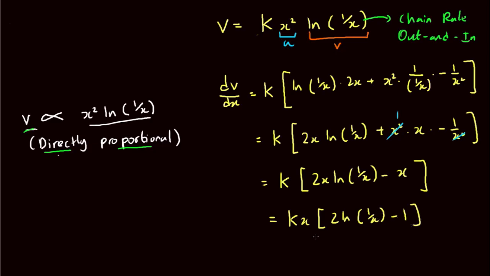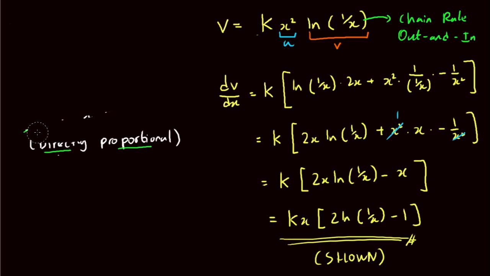So we've already managed to show the first part, so it's already shown. Okay, we've already proved it. So we already found the derivative. Now we try to do the second part. The second part is asking us to find the stationary values. Okay, to find the stationary values, it's quite simple, right?